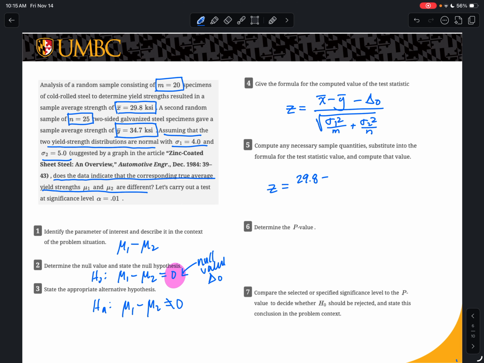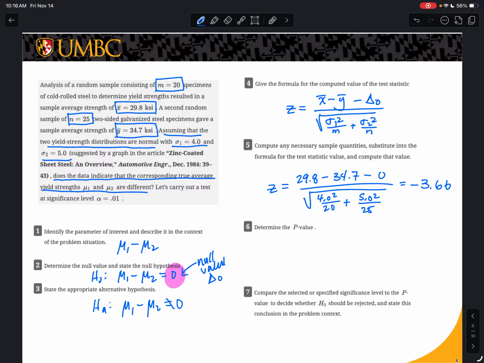We have 34.7 for Y bar. We have 0 for the null value. We have 4.0 squared over 20 for that first part of the denominator, and then 5.0 squared over 25. And when you do the arithmetic here, you get minus 3.66.